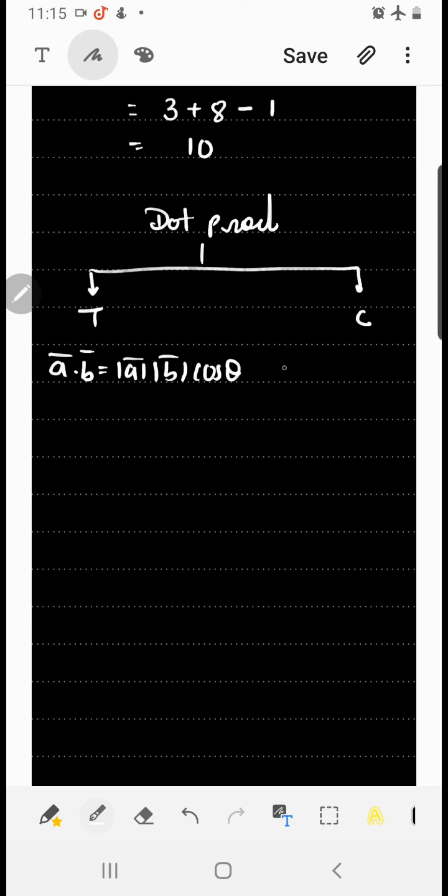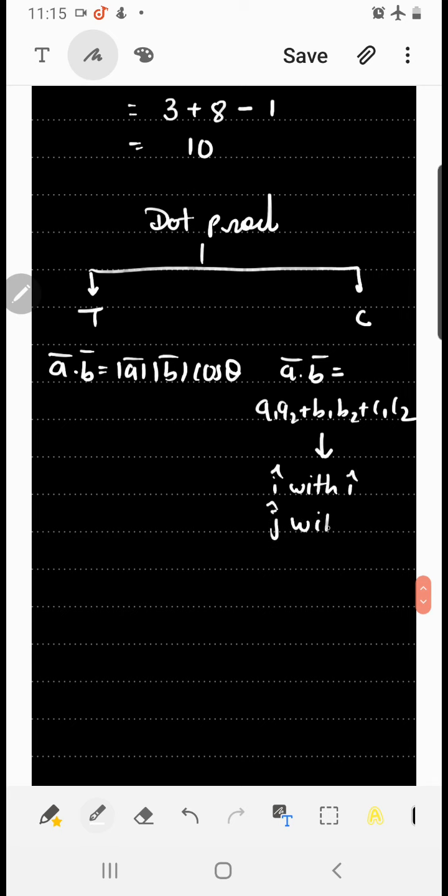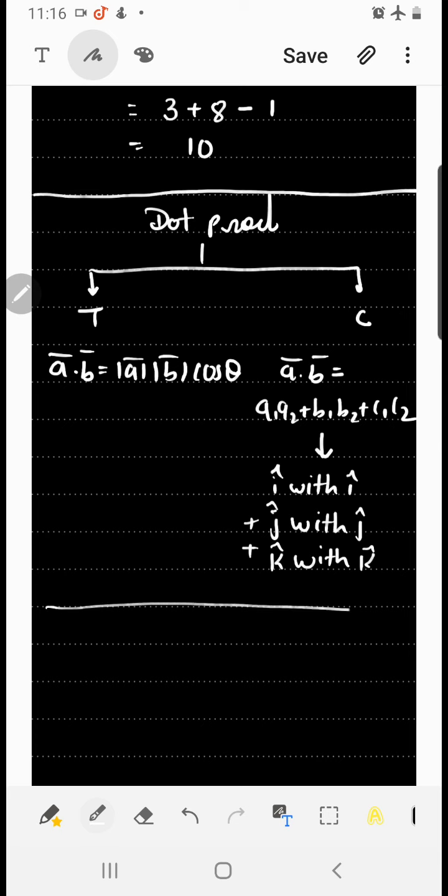And if I am talking of the calculative concept, a bar dot b bar is a1 a2 plus b1 b2 plus c1 c2. But as I showed in the above example, we are not going to write this. We are going to say i with i directly, j cap with j cap and k with k, and we are going to add them. So this table you please keep in mind, and highlight it once you are done with this.